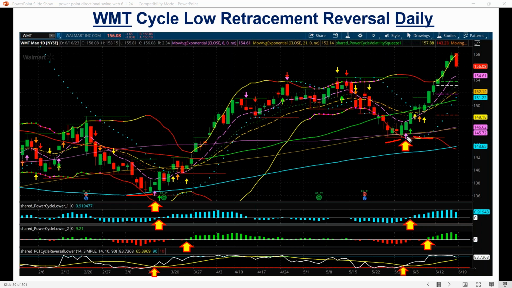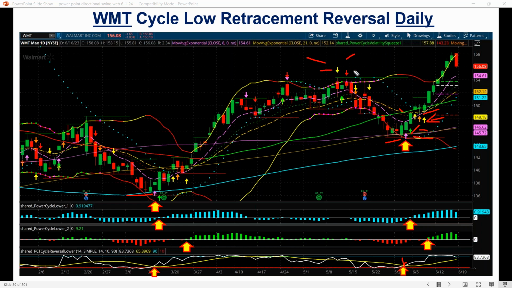When I see that purple, that's my cycle reversal. When I see cycle 1, I've got that color coded in green. When I get cycle 2, I have that color coded in yellow, and then this moving average cross, I have color coded orange.